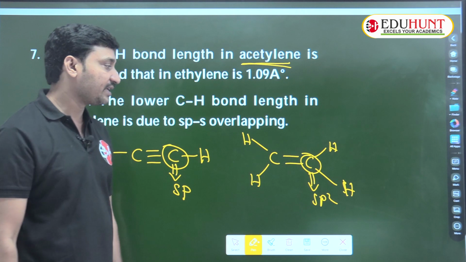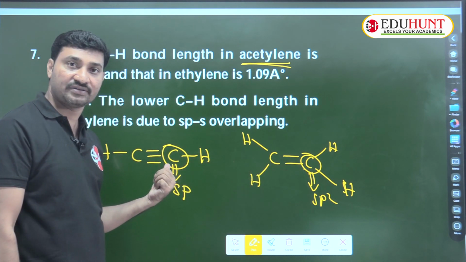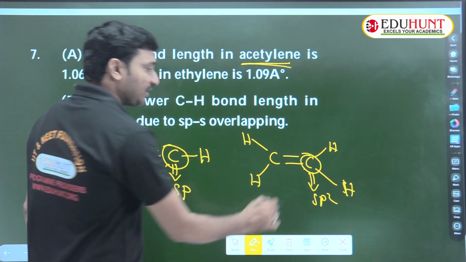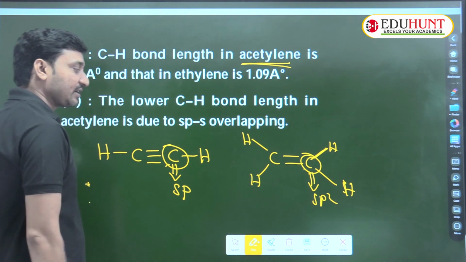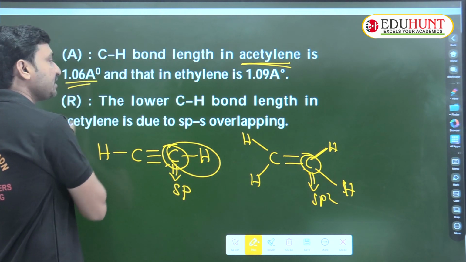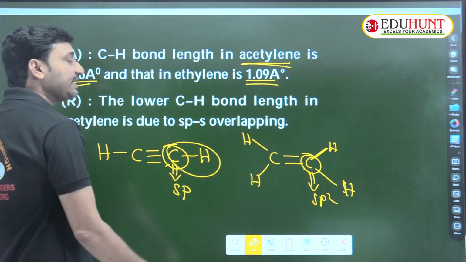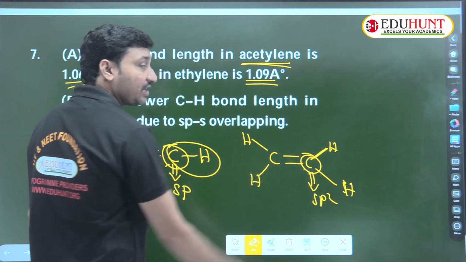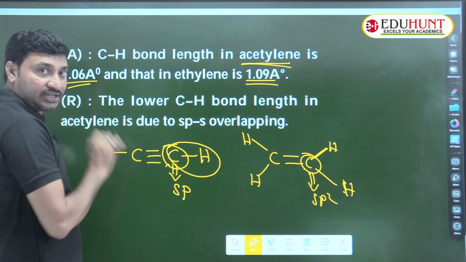The sp2 hybrid orbital is larger comparatively, right? So that's why here there is a little more bond length. Here bond length 1.06 angstrom units, here bond length 1.09. In ethylene, the C-H bond length is more compared to the C-H bond length in ethine.